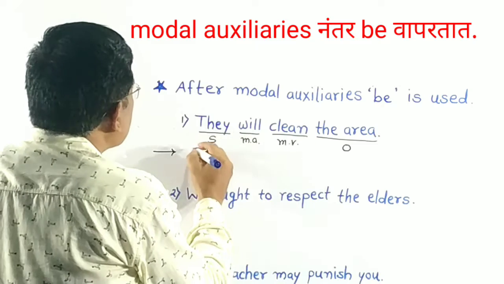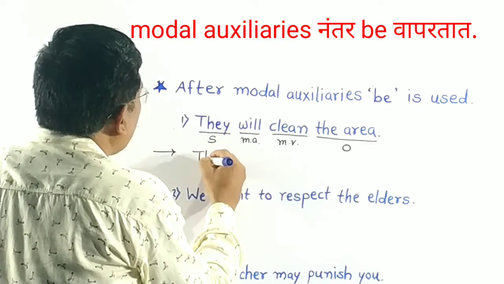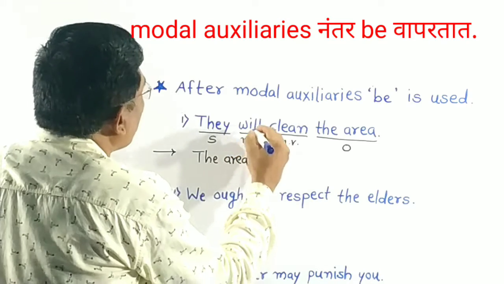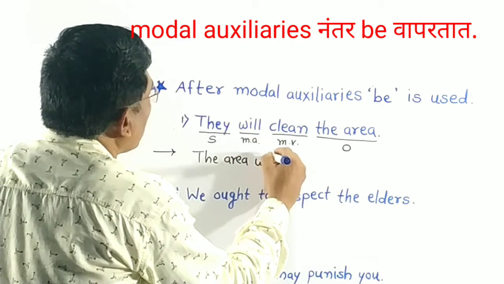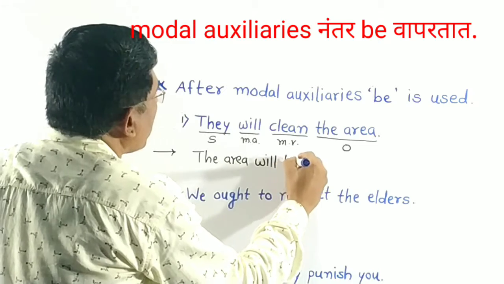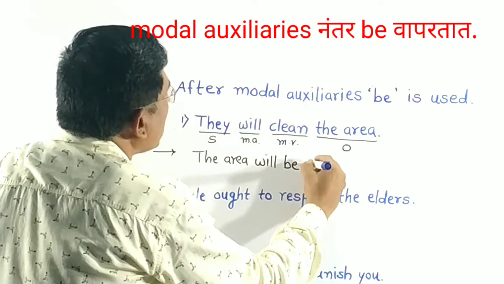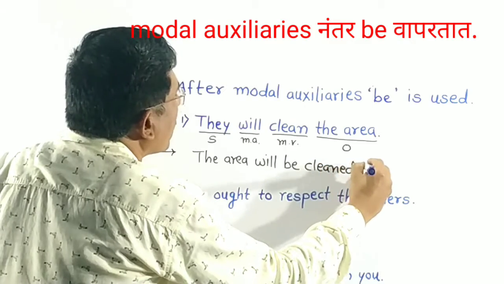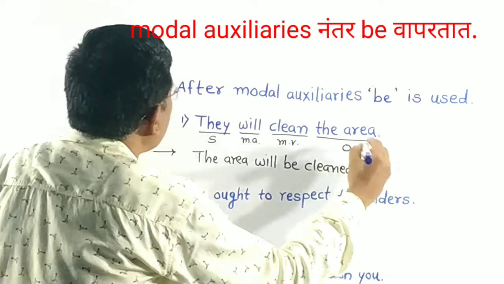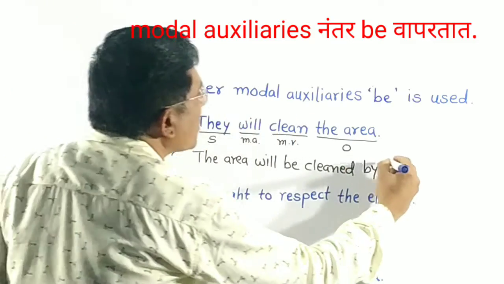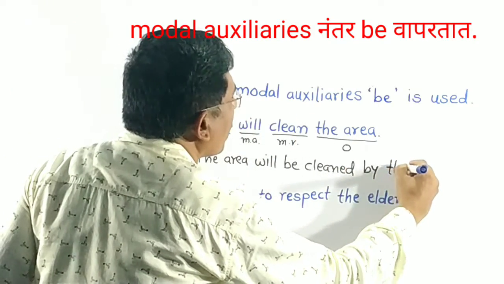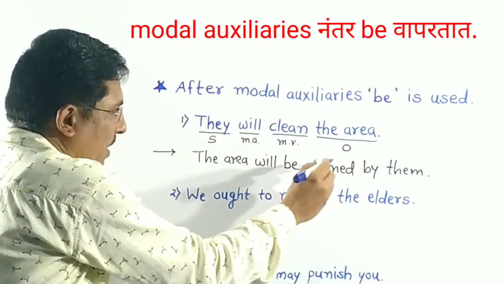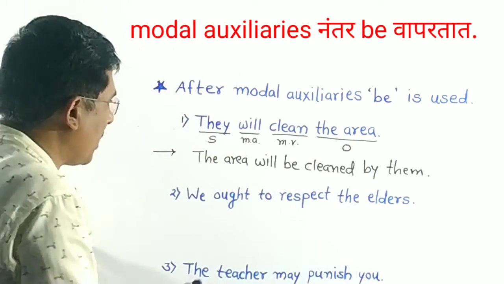Take object first, the area, will, then take be, cleaned, past participle form, by preposition, and then they becomes them. The area will be cleaned by them.